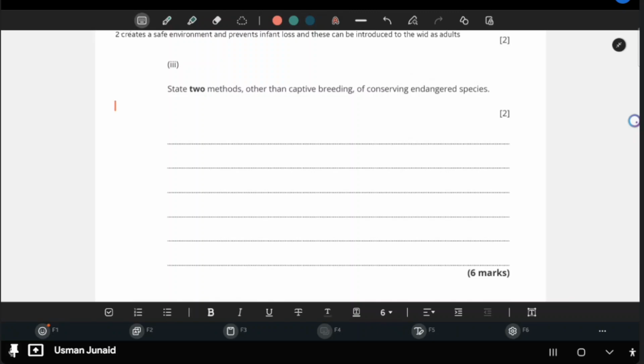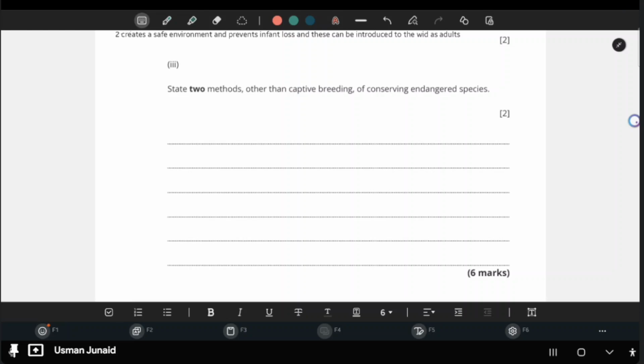Okay, so habitat conservation and initiatives to stop illegal hunting or poaching. Can you give a better name for that?